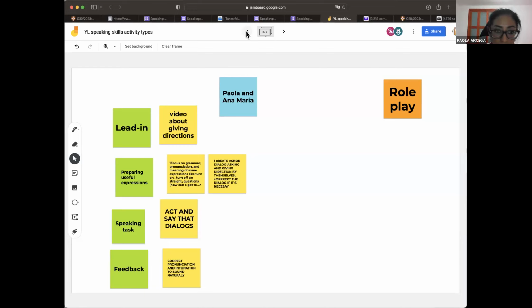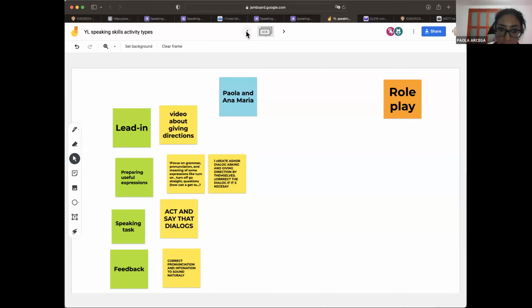It's necessary to focus on grammar, pronunciation, and meaning of some expressions like turn on, turn off, go straight, and questions like how can I get to, for example, the station or some place of the city.